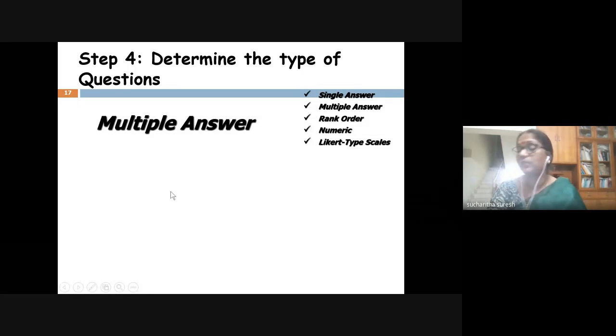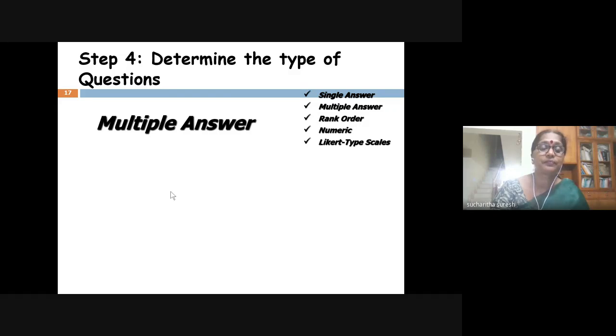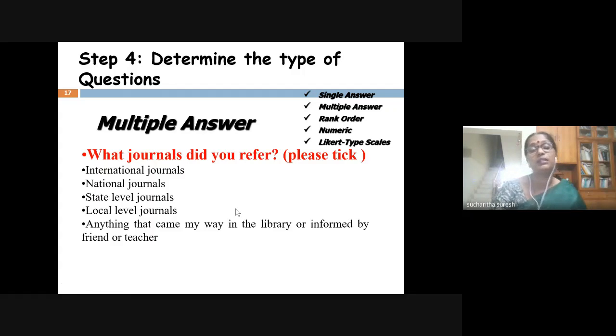Then comes multiple answer. Multiple responses are possible here. What journals did you refer?